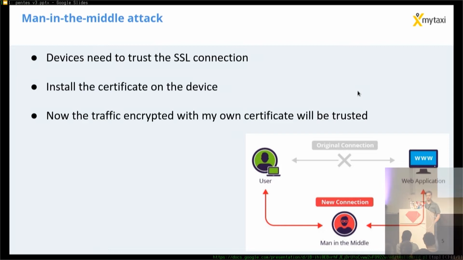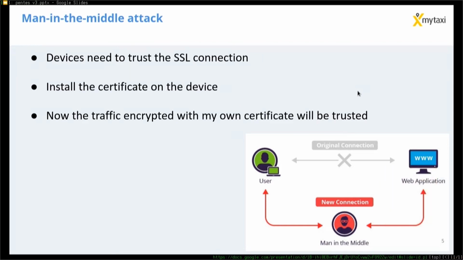The next step would be to intercept the connection between the application and our servers, but to do this, the application needs to trust the certificate that I'll be injecting. That's why I needed to install the certificate in the first place.